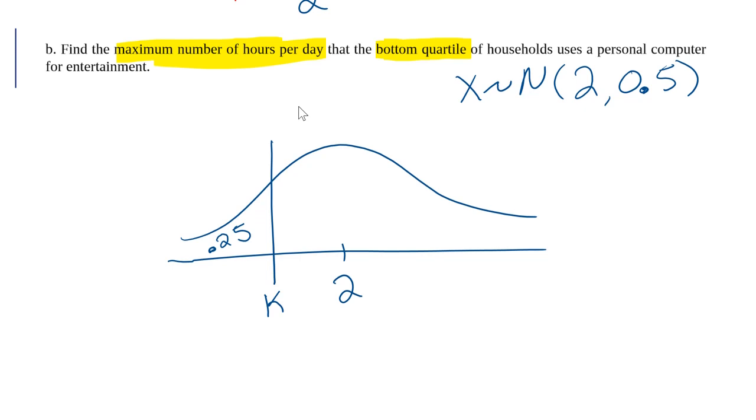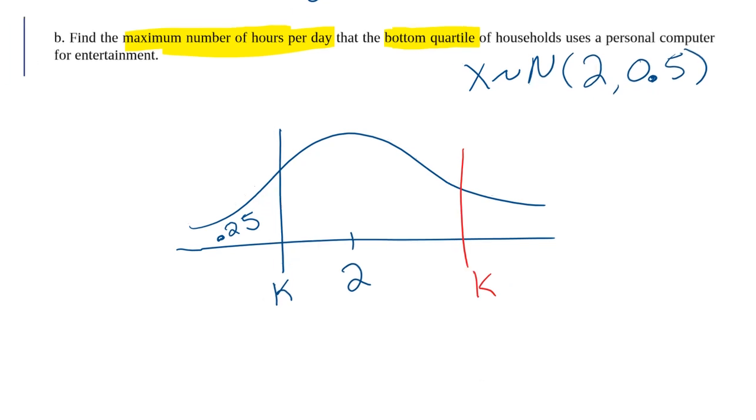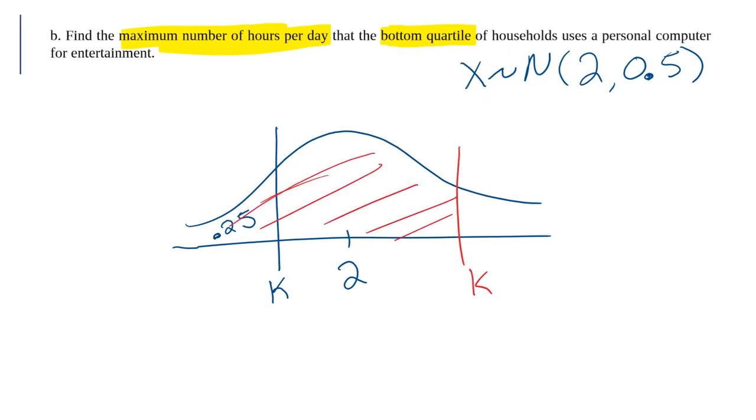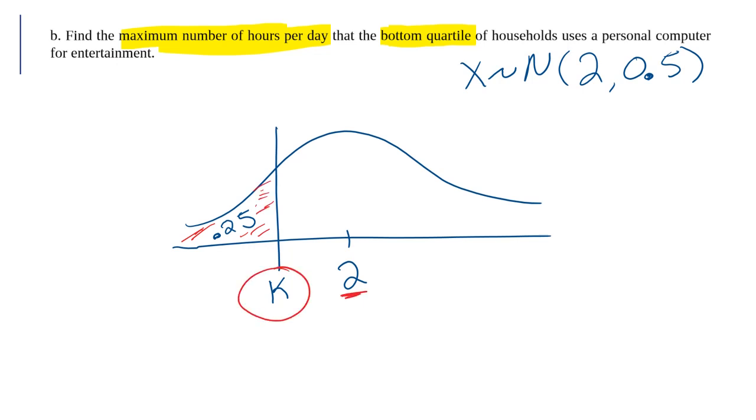We wouldn't draw it up here, because this is way more than 25%. At the middle line, this is 50%. So we know it needs to be to the left of the mean in order for only 25% to be less than K. So we know our answer is going to be something less than 2.